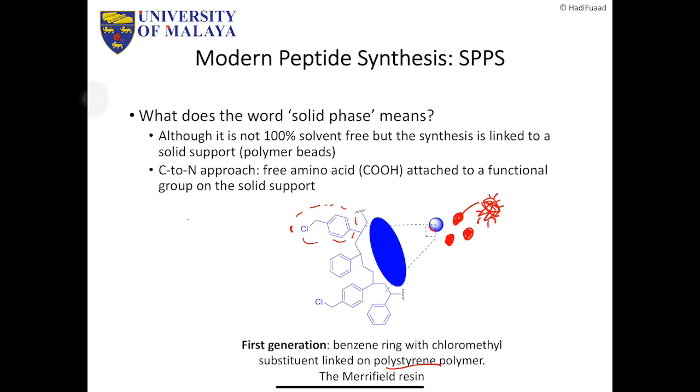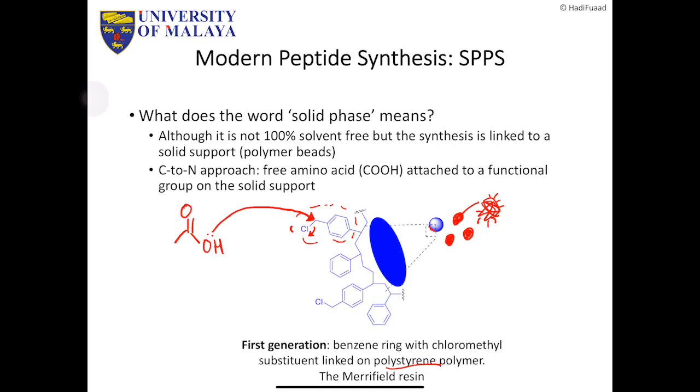So in the presence of a carboxylic acid like this, an SN2 reaction occurs, reacting with that carbon over there, and chloride leaves as a leaving group. So you can actually grow peptides on it. The first generation, a benzene ring with a chloromethyl substituent linked to polystyrene polymer beads, is also known as the Merrifield resin.